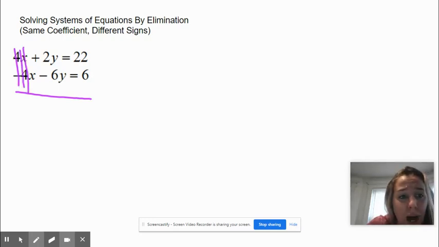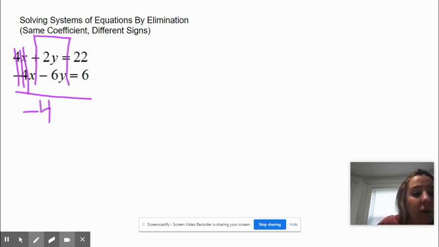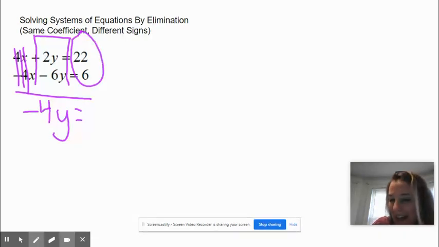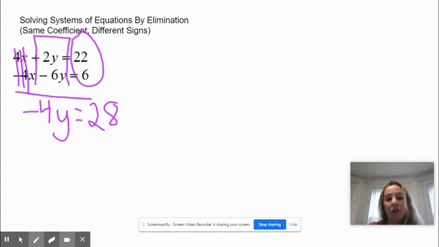Then we have 2y minus 6y, giving us negative 4y. Equal sign comes down. And these are both positive, so that's adding. You get 22 plus 6, which is 28. So we just added straight up and down.